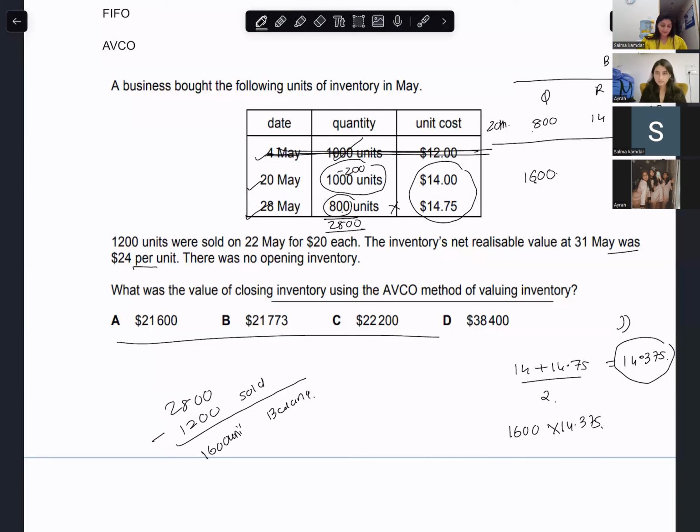So 11,800 plus 11,200 is 23,000. 23,000 divided by 1,600 units.